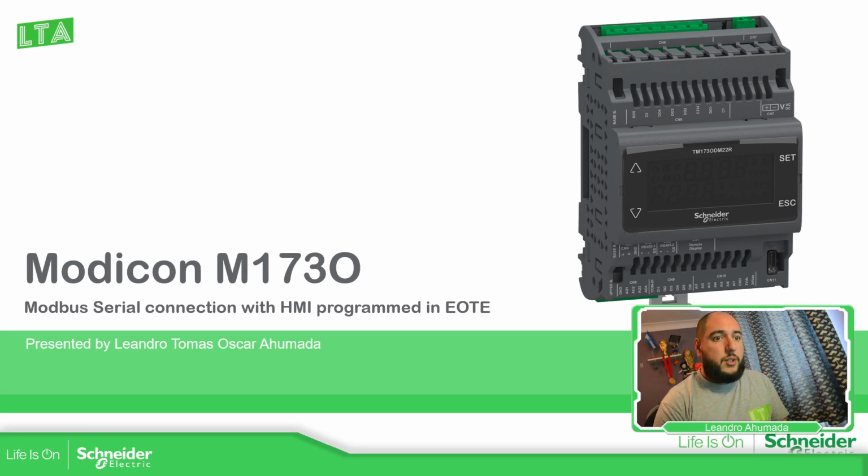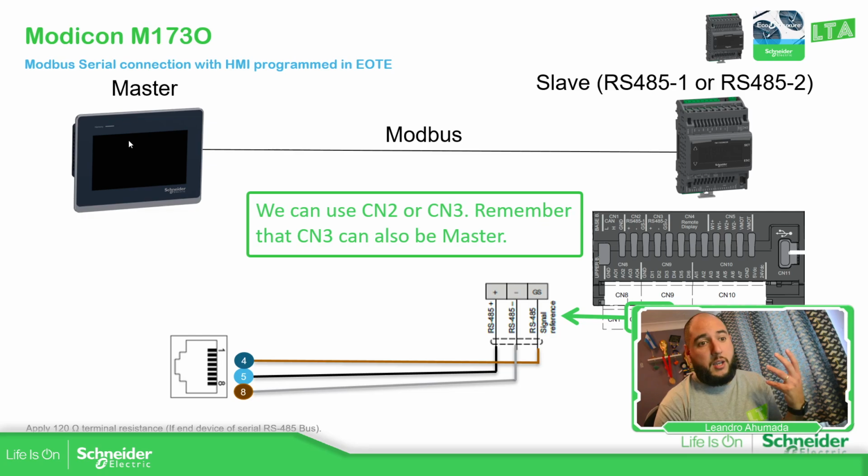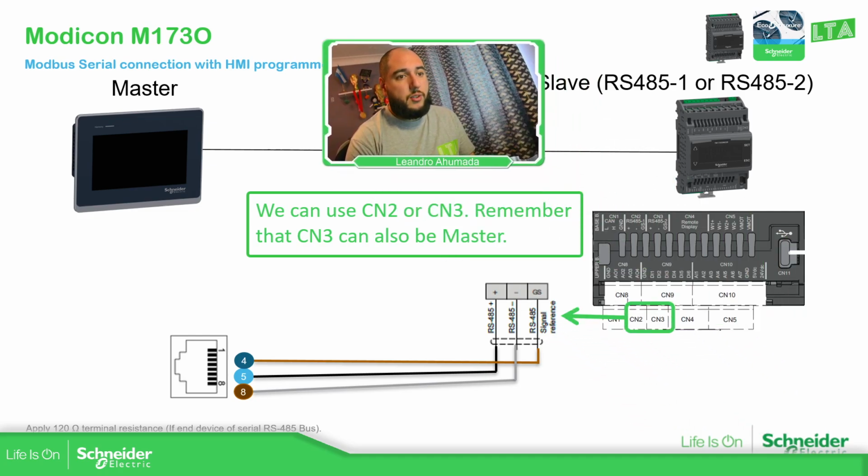So this is the Modicon M173. Basically the idea is to use one of the two ports to communicate with an HMI. In this case, I'm going to use an HMI SD6400. Okay, so basically we have these two ports, the CN2 and CN3, that are Modbus serial, RS485.